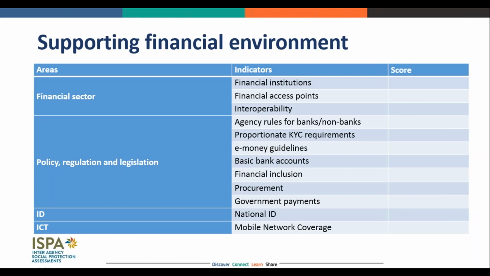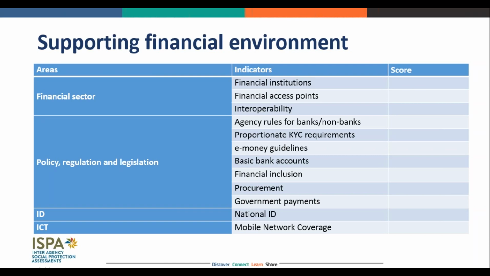We also look at financial access points, the national coverage, the proximity of those financial access points to people's homes, particularly in those areas where social protection beneficiaries might be. Financial access points include bank branches, ATMs, bank agents, mobile money agents, SACCO offices, MFI offices.